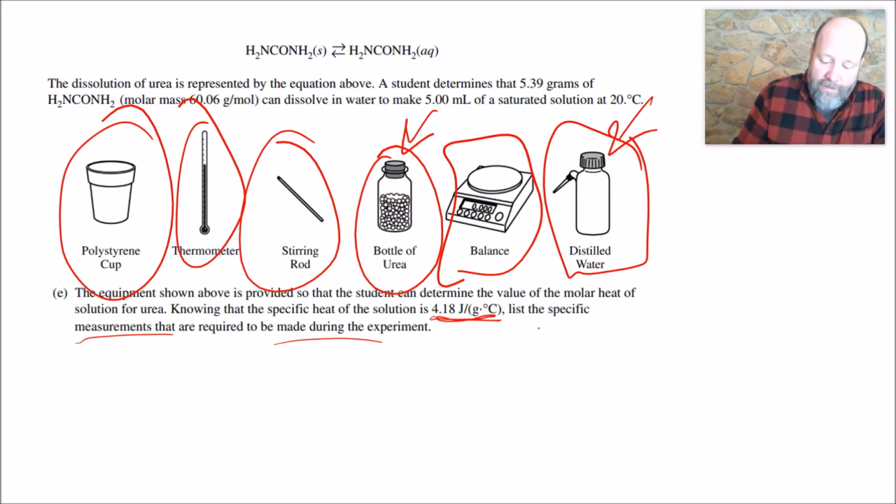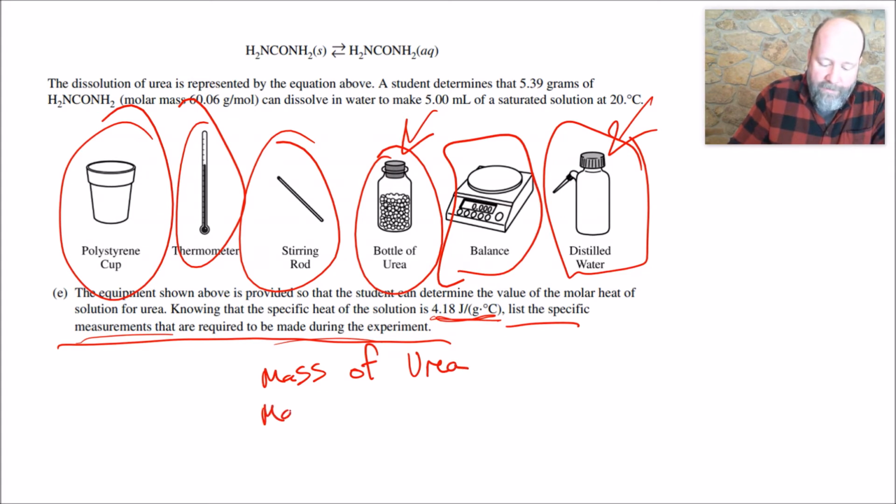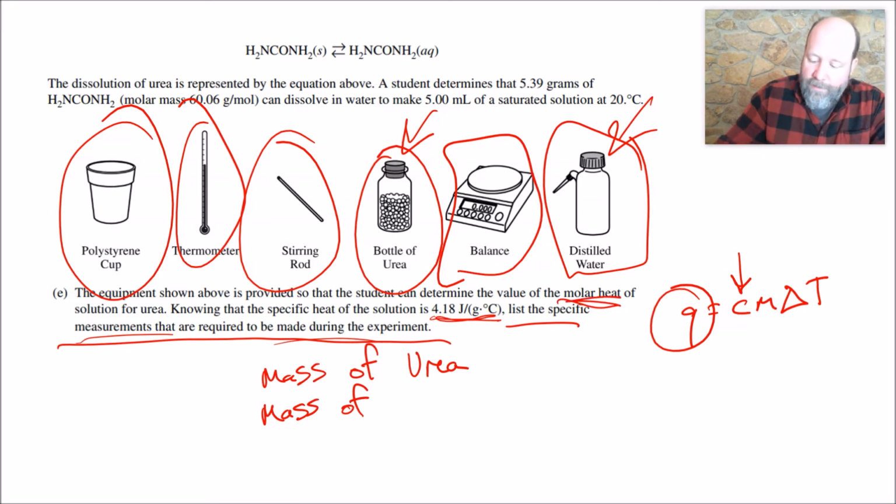So all it asks you to do is list the specific measurements that are required. So we're going to need the mass of the urea. We're going to need the mass, which we could get from the volume, but what we need for the equation, right? Because remember, what we're doing here is Q equals Cm delta T. So they gave us C. This is the thing we're trying to find, right? Because it's the molar heat.